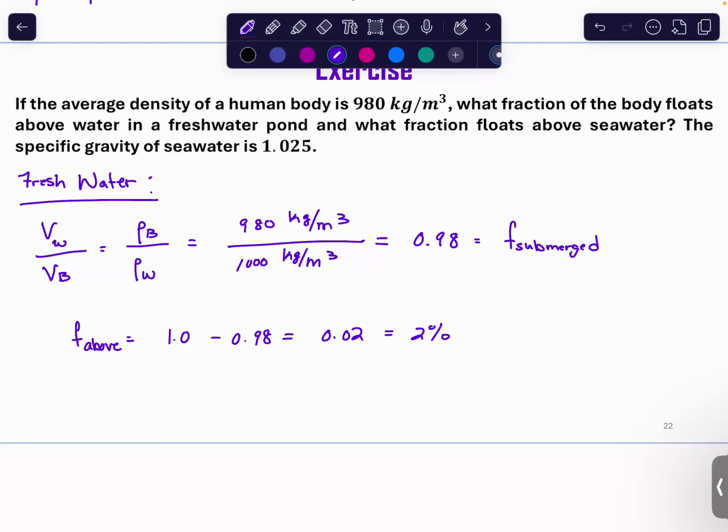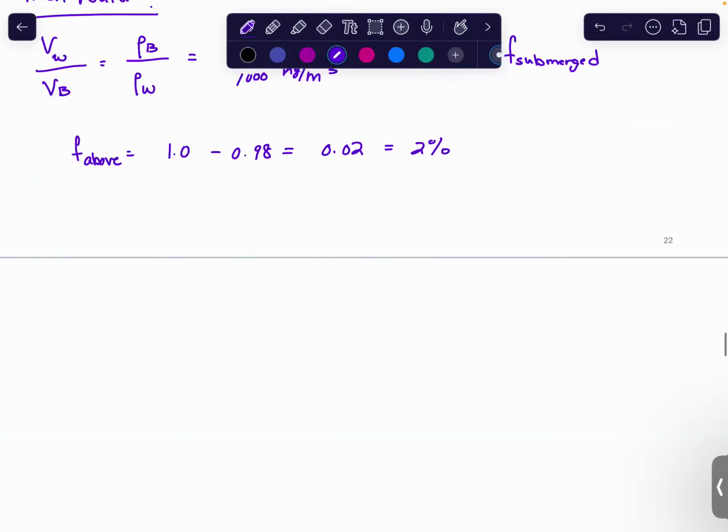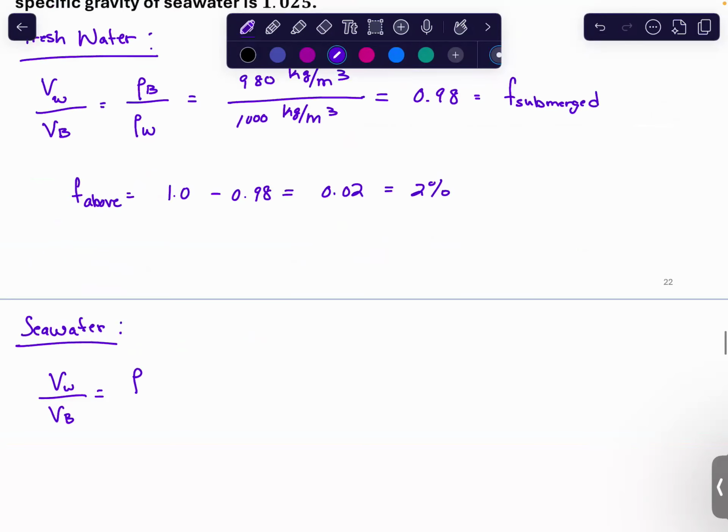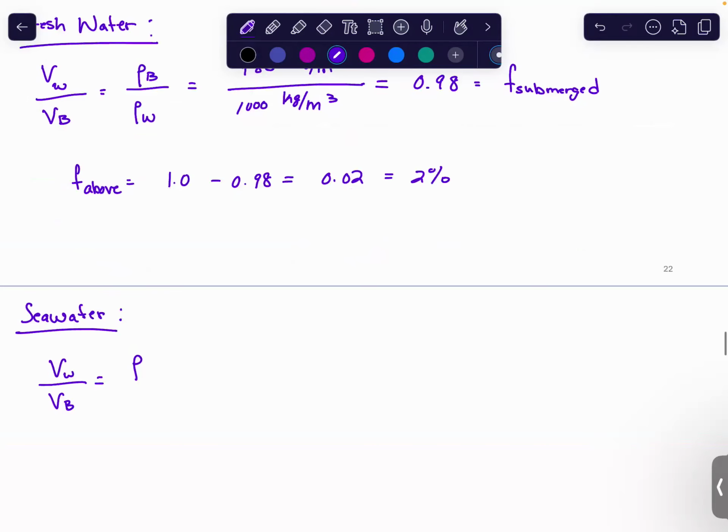Going off this model, once again, we're going to need that density of the water.